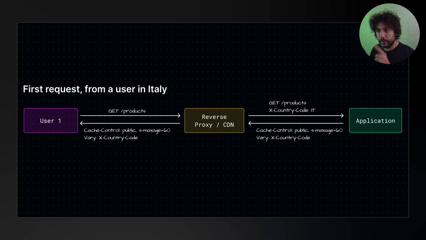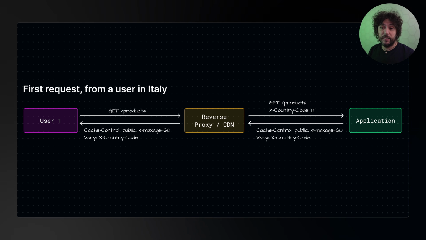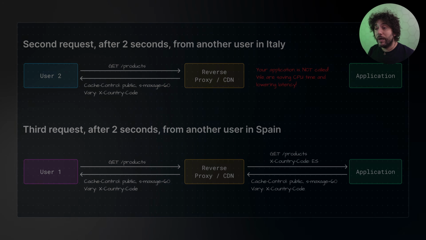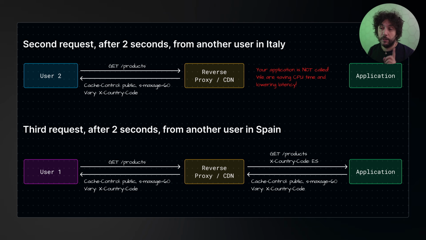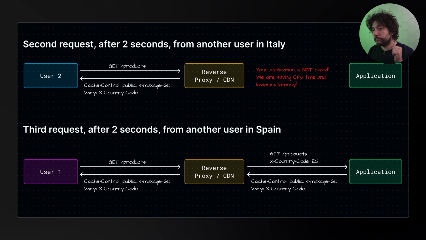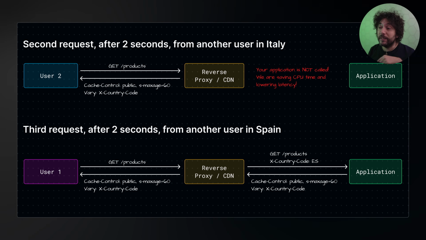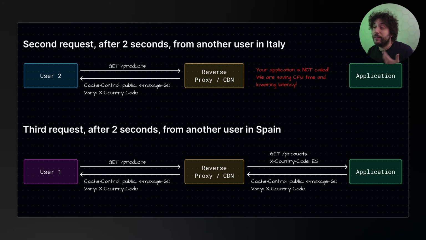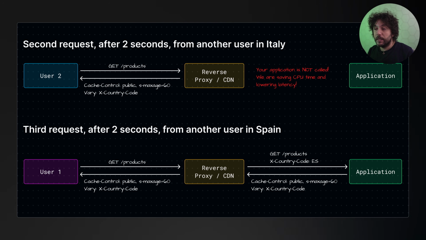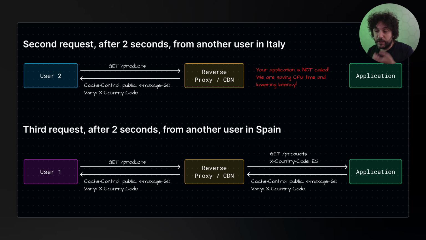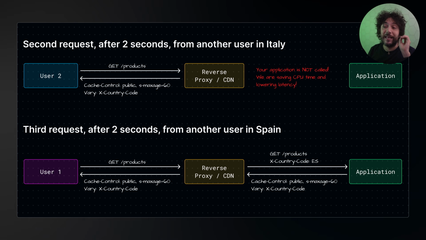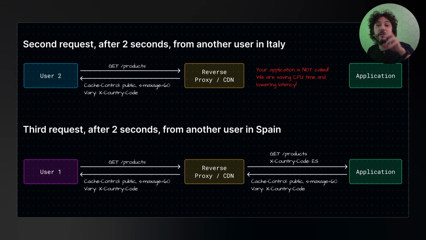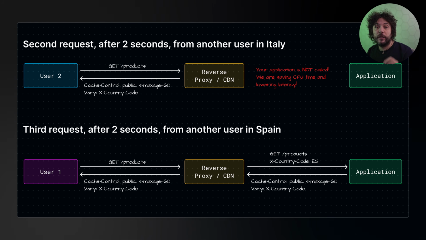This is great. What happens then if another user from Italy wants to access the same data? Well, it's actually fantastic because another user from Italy will get the cached data. However, when the CDN detects that a user comes from a different country, Spain for example, they will not get the cached data, but it will create a different cache entry specifically for Spain.